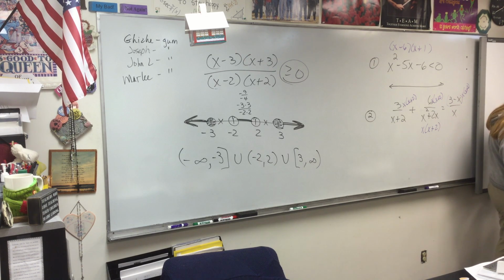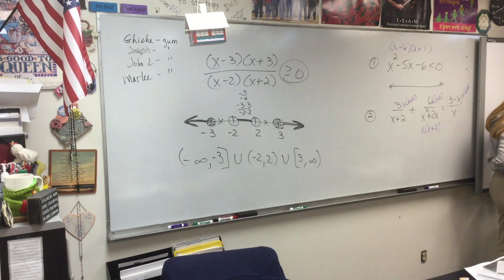Well, let's just try. You have to factor it out. I got x squared plus 2x. You did 3x plus 6.